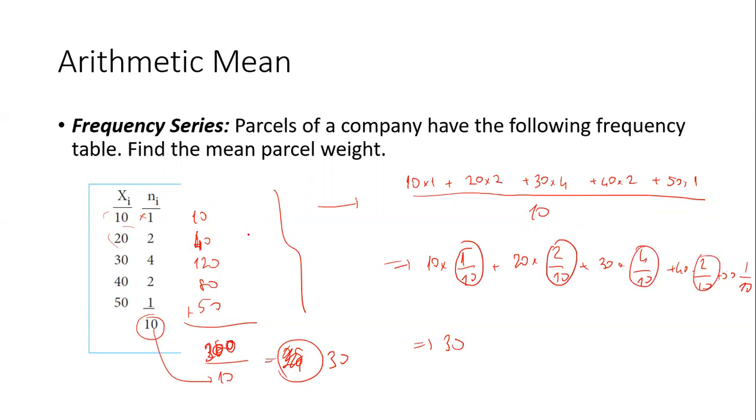So these are in fact the ratios of the occurrences, okay? So this is equal to 0.1, and this is 0.2, 0.4, this is 0.2, and this is 0.1. So in fact, you can find the average of these boxes by multiplying this one and this one, plus this one and this one, plus this one and this one, right?